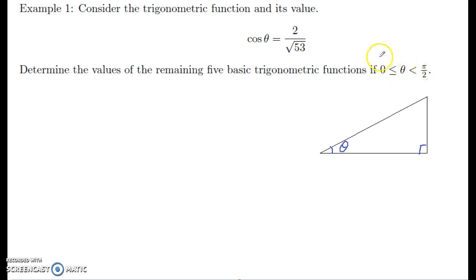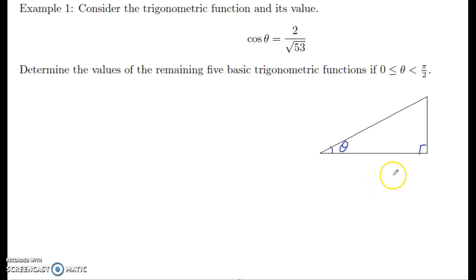In order to solve this type of problem, it's always a good idea to draw a right triangle and put the reference angle on the right triangle so that we can work out all the sides. Cosine theta equals 2 over square root of 53 is adjacent over hypotenuse.